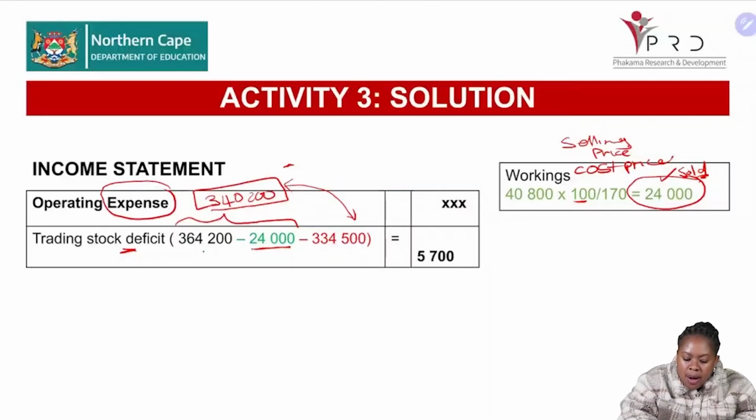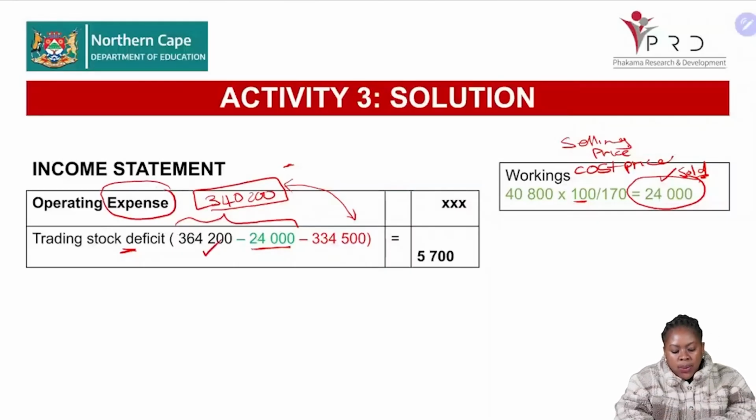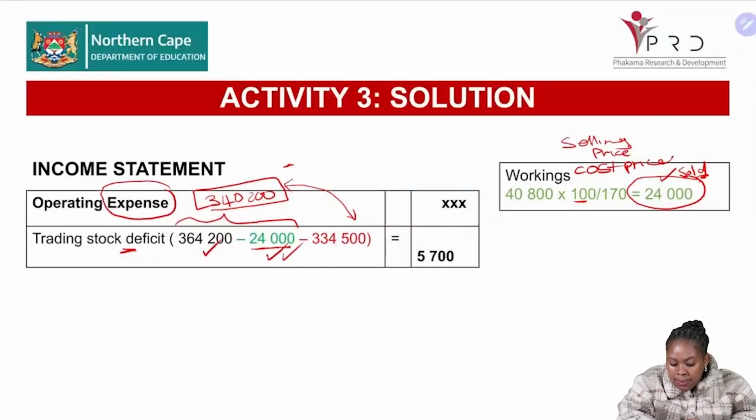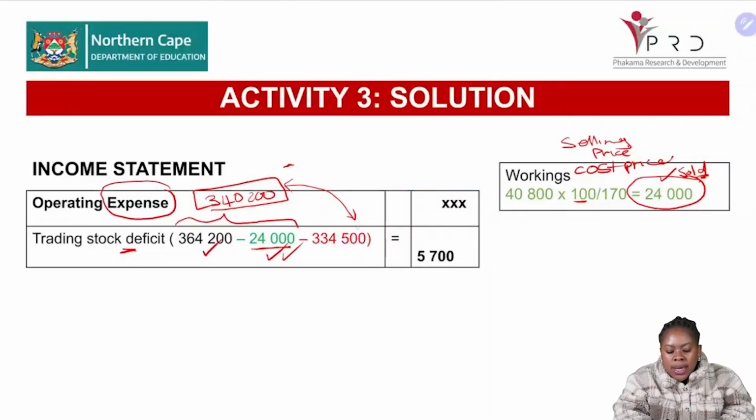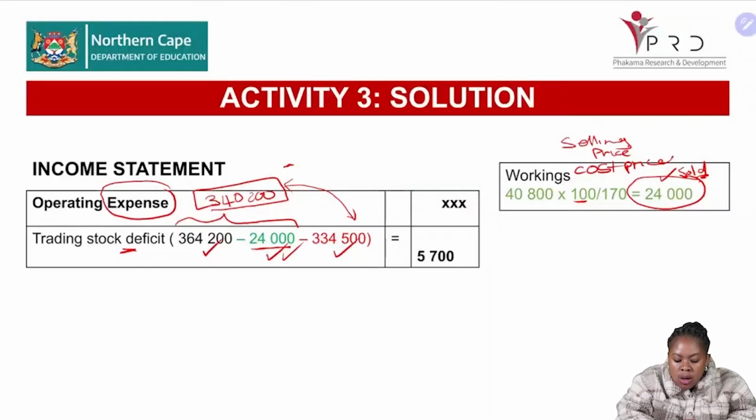Then we take the amount in the trial balance. We subtract the 24,000, okay? And then we subtract the physical stock, and then we get our 5,700. That is the difference between the 340,200 and the 334,500.